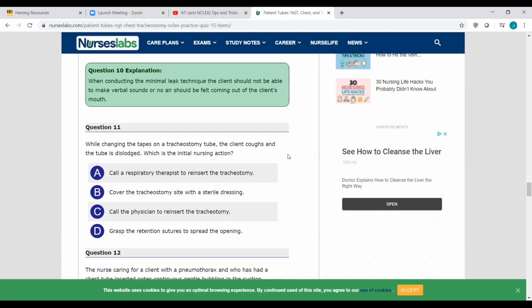Okay, while changing the tapes on a tracheostomy tube, the client coughs and the tube is dislodged.